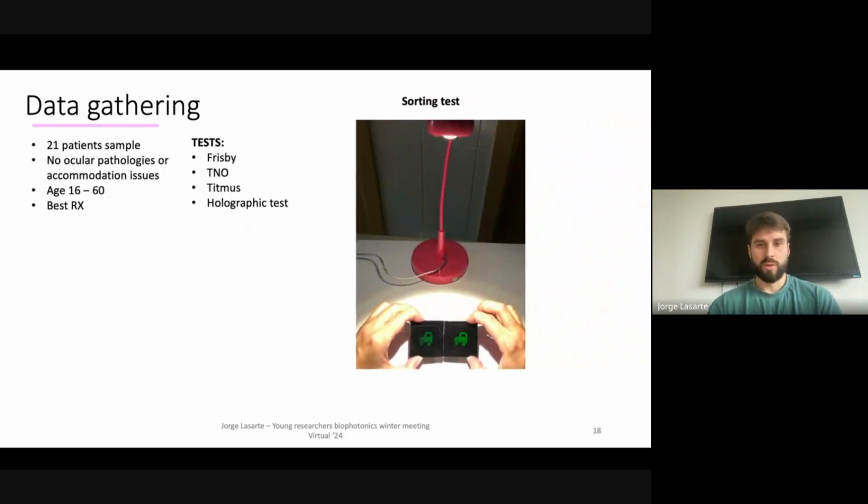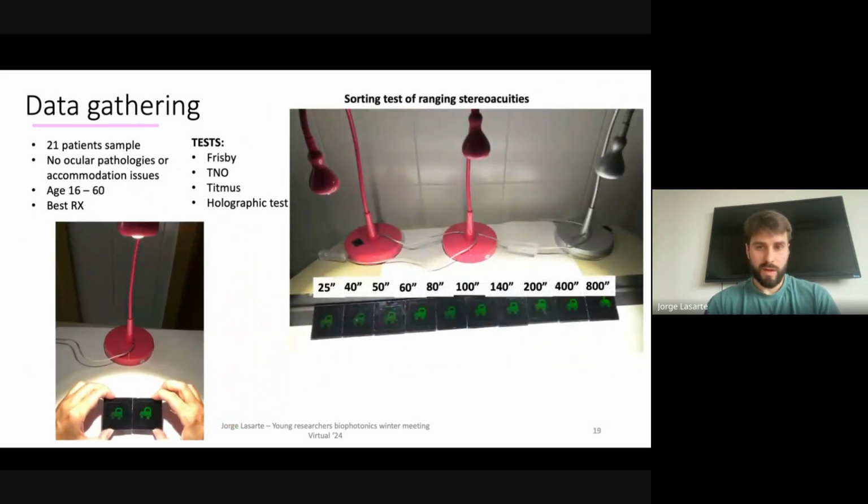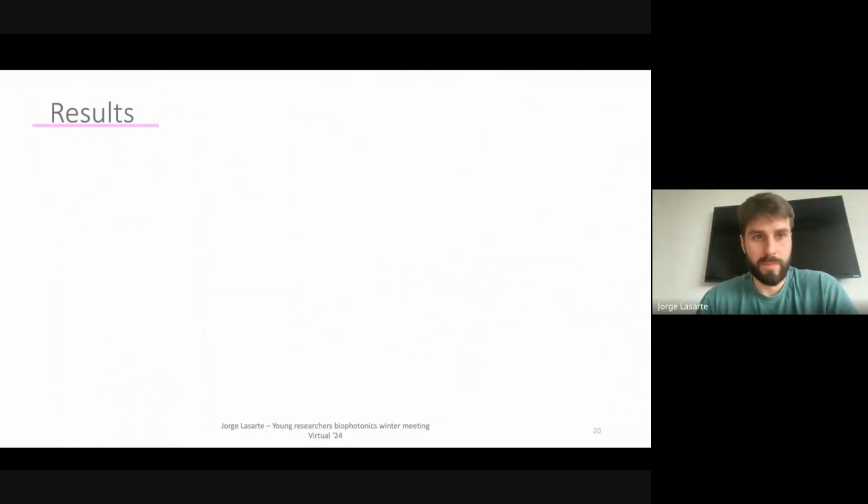The sorting test works mainly by placing the recorded objects at a distance d that they were recorded at, and by what the patient is perceiving to be in front of and behind. So choosing which one is more or less, and sorting them out in a way where we can see at which point they failed, and therefore that will be the point that we take as their best or max SVA.